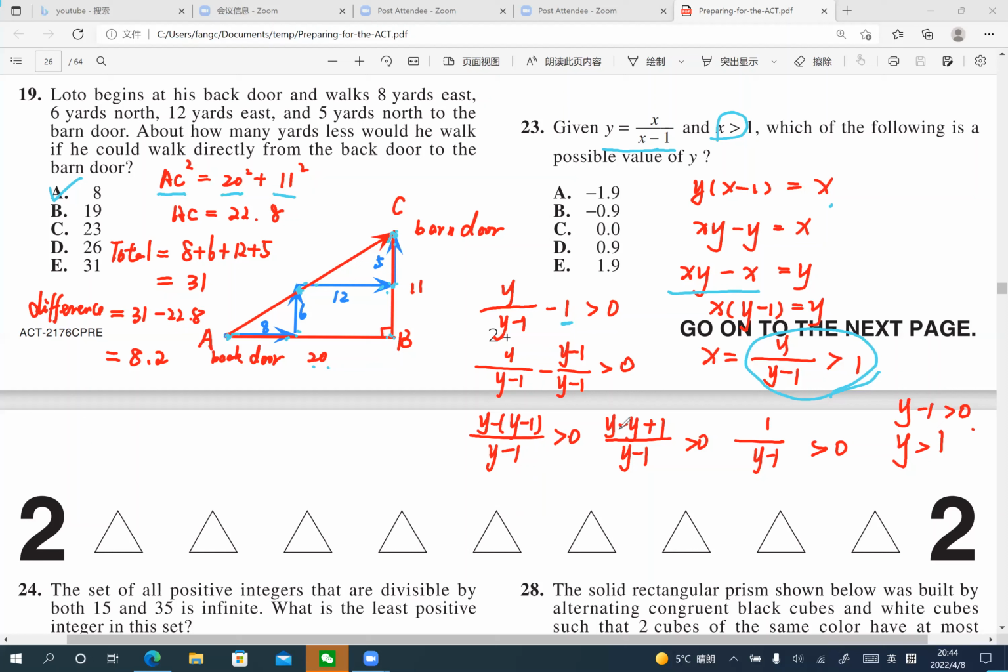Simplify it: y minus y plus 1, which is 1. The denominator is y minus 1. 1 over y minus 1 is greater than 0. Therefore, y minus 1 should be greater than 0, so y is greater than 1. Looking at options A through E, only option E is greater than 1. So we should choose option E.